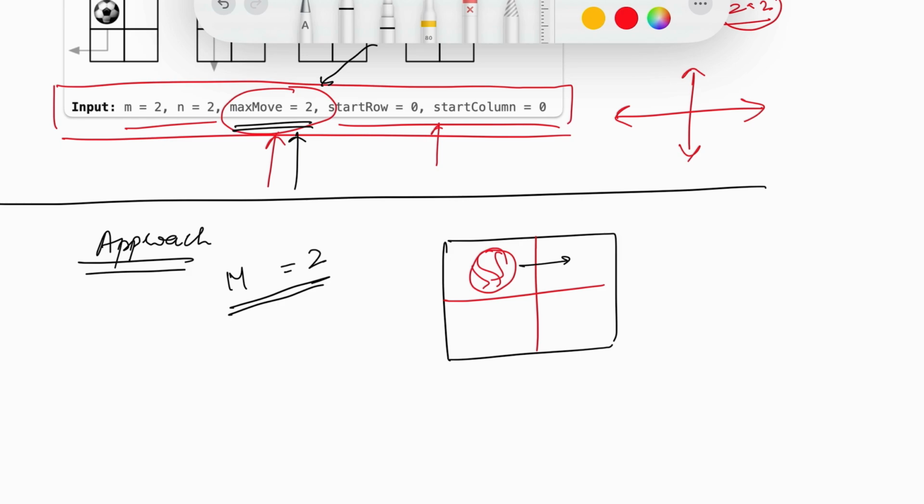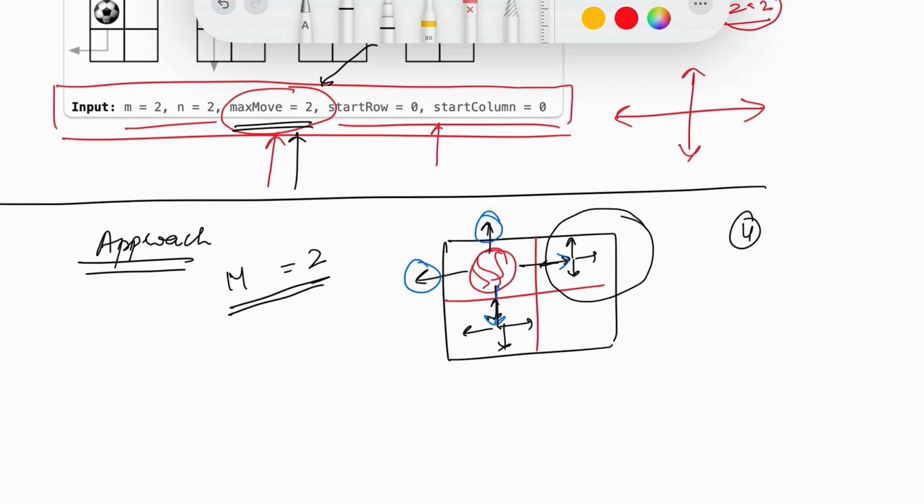If I make one move here, one move here, these 4 moves make it cross the boundary. In further moves, we are allowed to make 4 more calls: up, right, bottom, or left. The left call is useless. So here we are again making 4 calls.